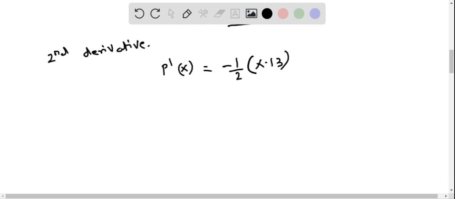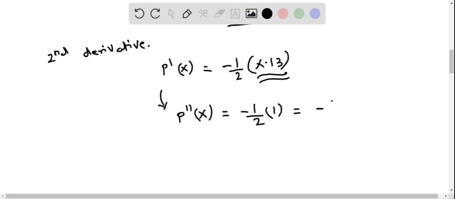Let's find the derivative of this. So this is the second derivative of the profit function, that is p double prime of x, and this equals, we put this negative half and we find the derivative of this x minus 13, which is 1.